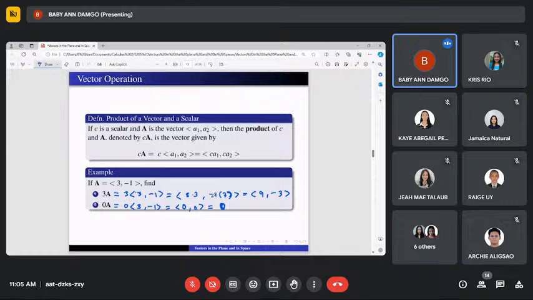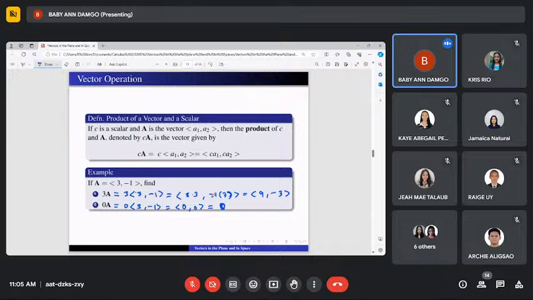Next, if we have two scalars, we can still apply the associative law, and we can also apply the distributive law. If we have the sum of the vectors and then a scalar, we have C times A plus C times B. So whatever we already know about the basic properties of real numbers, it is still the same for vectors.